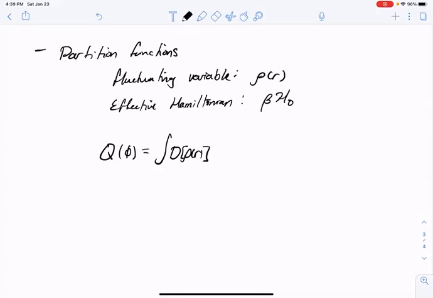In the presence of the field, we have to weight that sum by its reference Hamiltonian, which is a functional of the density. And we would have the perturbation, which we just worked out how to write.